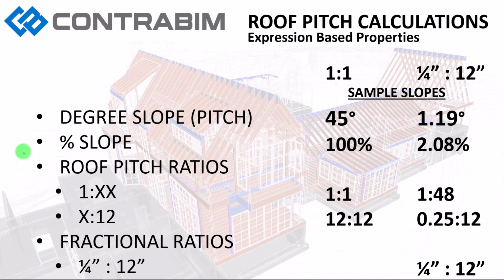Even a 1-to-48 or a 0.25-to-12 are not common numbers that we typically see when we have designated slopes. So in this case, our preferred would obviously be just our 1/4 inch to 12, which is no problem to type out, but it's a little bit more of a challenge to actually generate this when we are assigning an auto label to a roof element that's going to go in and actually extract out the results into this type of format. So that's what we're going to be exploring today as we get further along into this video.